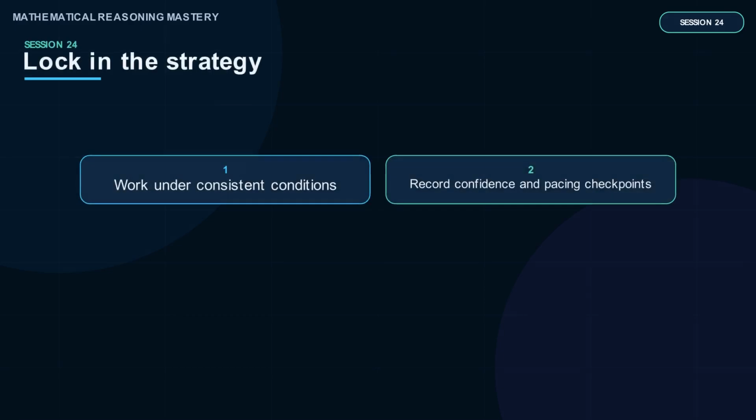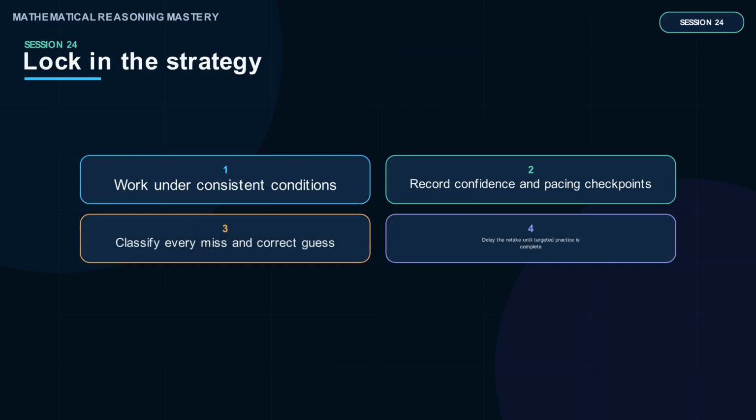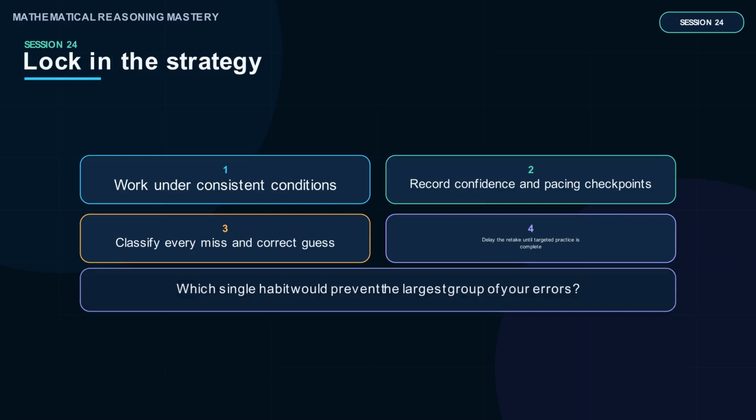The central message is to complete a cumulative timed assessment. Combine that with the discipline to analyze uncertainty as well as errors. Finish by remembering to build a targeted retake plan. A result becomes dependable only when the method and verification are both clear. Reflection. Which single habit would prevent the largest group of your errors?